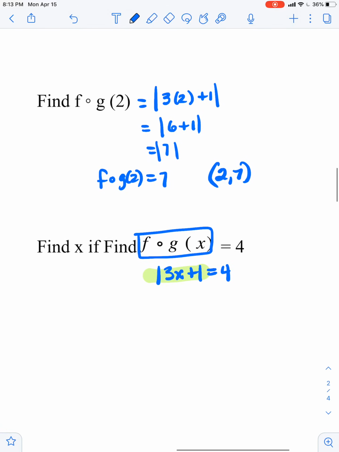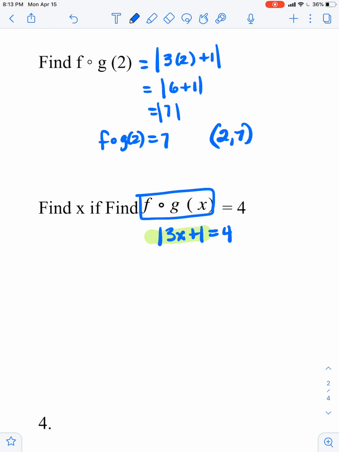That takes us all the way back, guys, to, gosh, I don't know, was that chapter 2 or so? So we're going to set us up an absolute value. Remember, absolute value, I think I forgot to put an extra bar there. There we go. Absolute value equals the positive or negative. So we're going to have us 2 equations to solve.